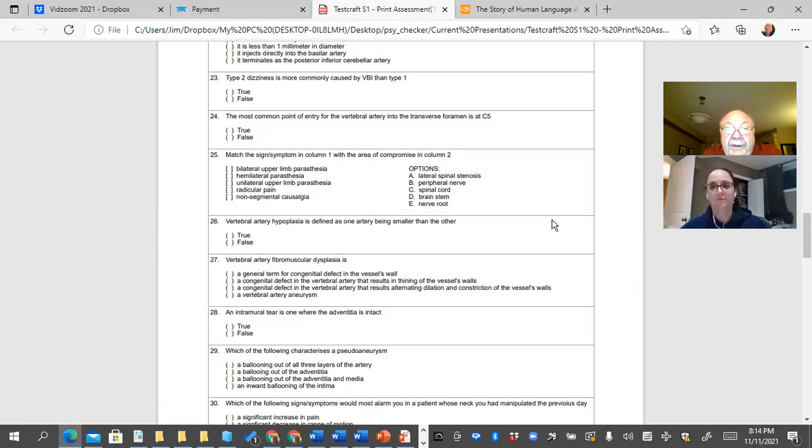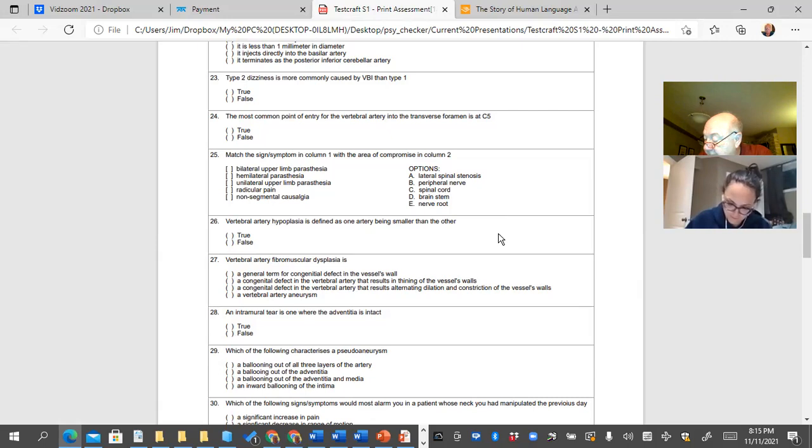The only ones there that might be confusing are A and E, because you rarely get radicular pain with lateral stenosis. The predominant symptom with lateral stenosis is usually paresthesia. And this is all about best fit, not perfect fit.